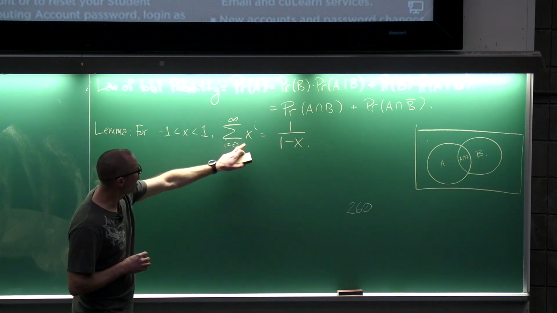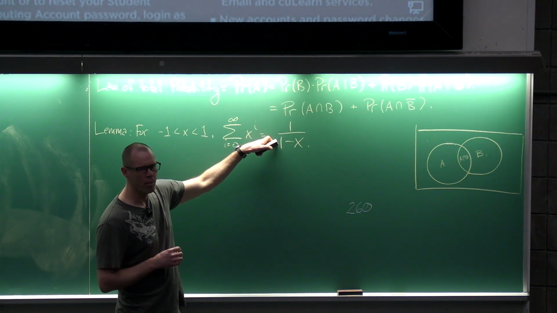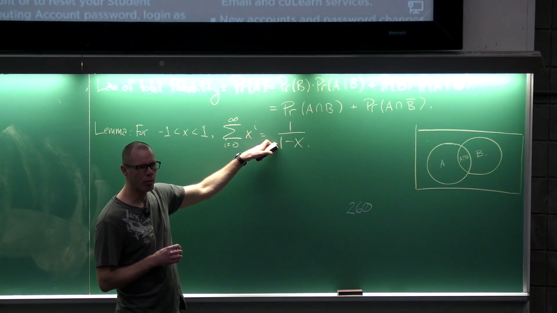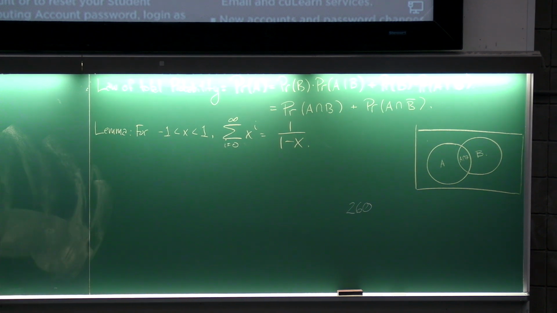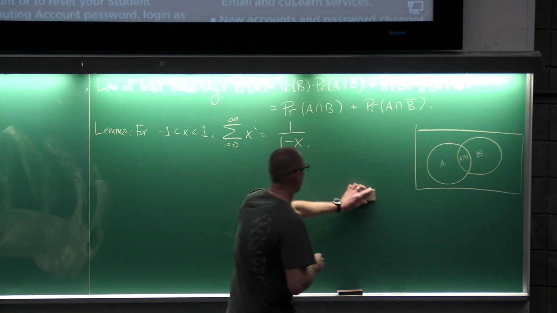So when x is a half, this is 1 over 1 minus a half, which is 1 over 1 half, which is 2. And that agrees with what we decided over here. The sum n equals 0 to infinity of 1 half to the n was 2. And then we multiply it by half to get 1.